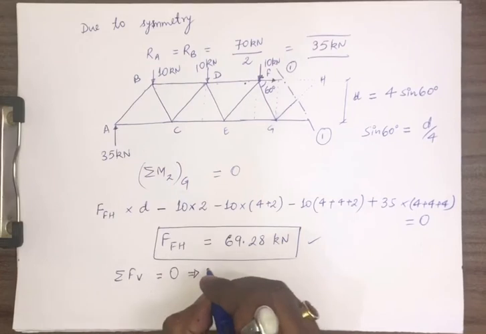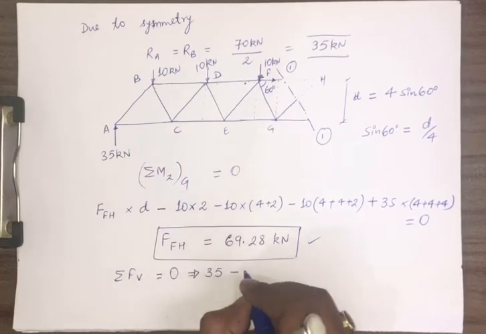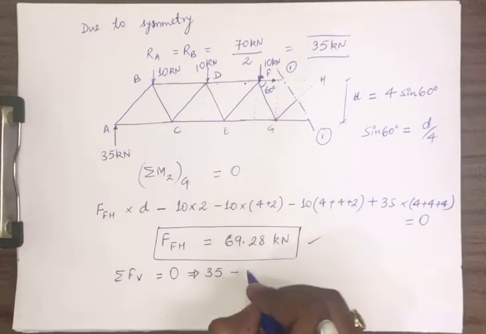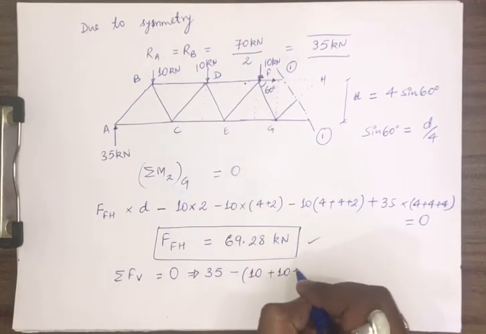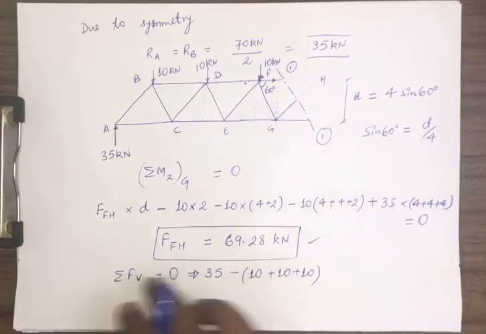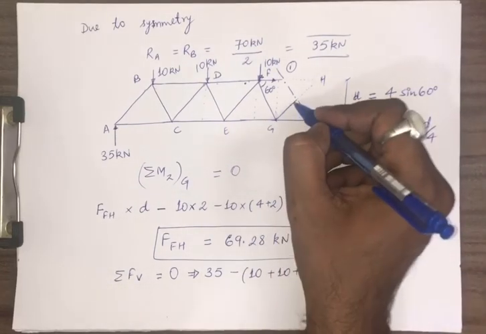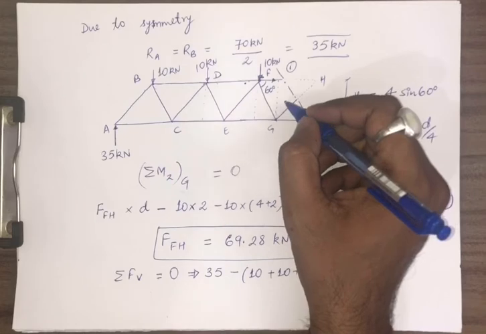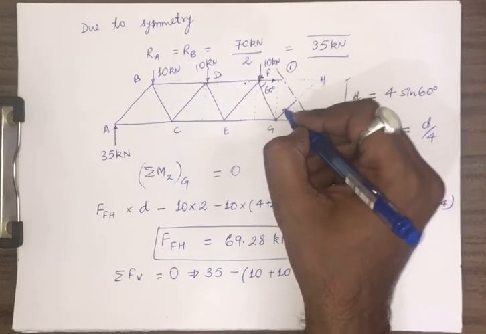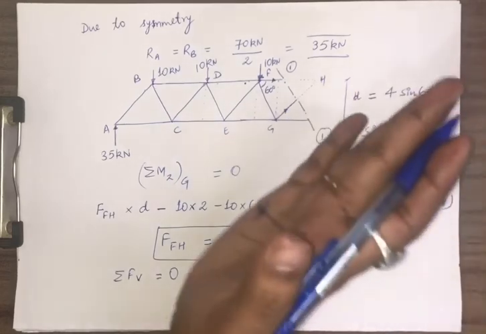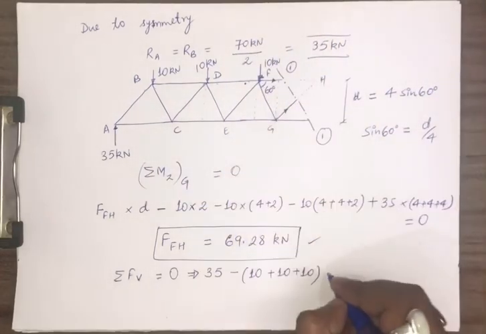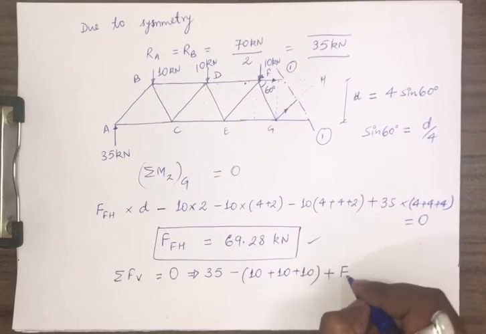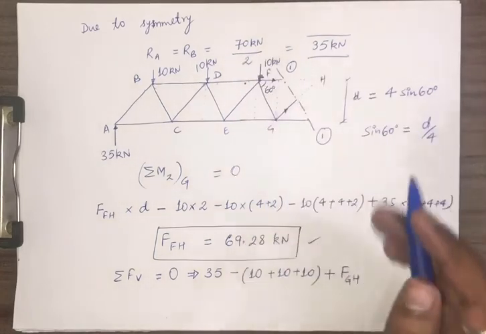So let us start from here. This is 35 minus 10 minus 10 minus 10 plus 10 plus 10, and this is acting here, so this force is like this, so the vertical component will be in the positive vertical direction, so F_GH into cos 30.